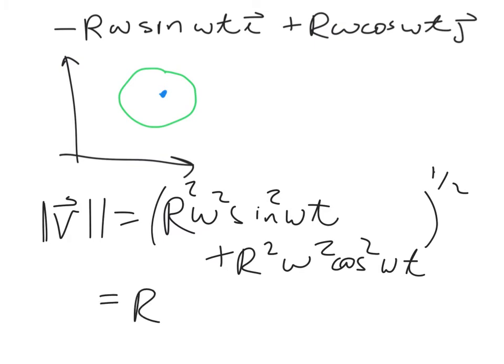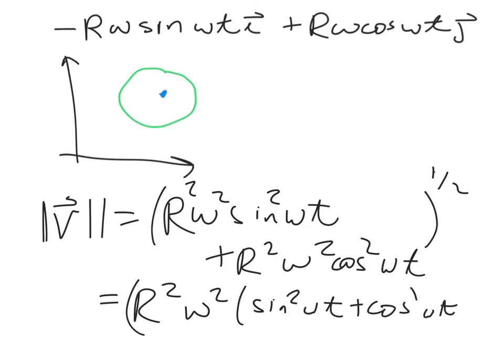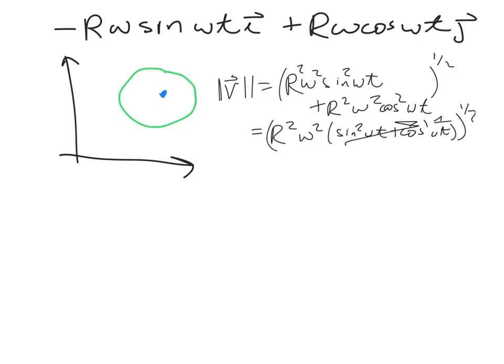This is r squared omega squared times sine squared omega t plus cosine squared omega t, all to the 1/2. Note that this is just 1, thanks to my favorite trig identity. And so we get the square root of r squared omega squared. And that's going to be r times the magnitude of omega. That gives our speed as we go around the circle.